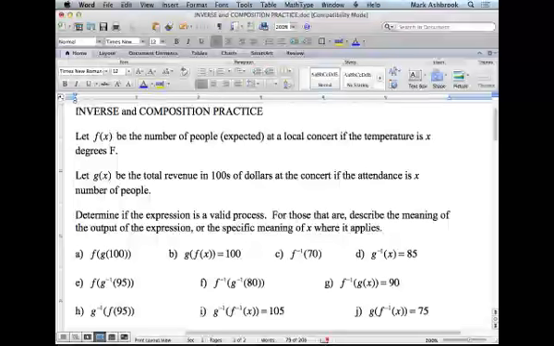So the challenging ones are at the bottom. So you do one or two of those.